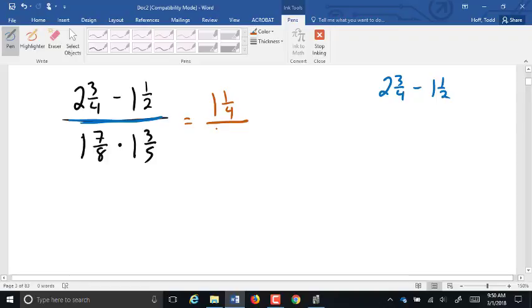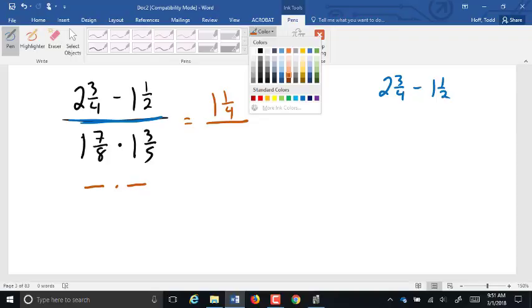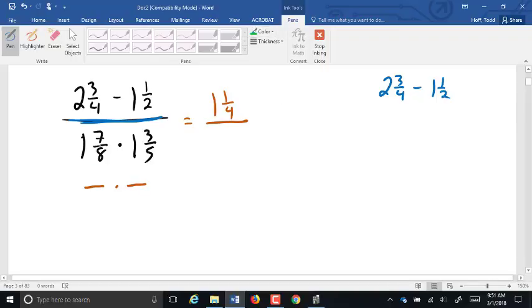On bottom, we have to do the 1 7/8 times 1 3/5. 1 7/8, we have to make that improper. 1 times 8 is 8 plus 7 is 15/8. 1 3/5 becomes 8/5.